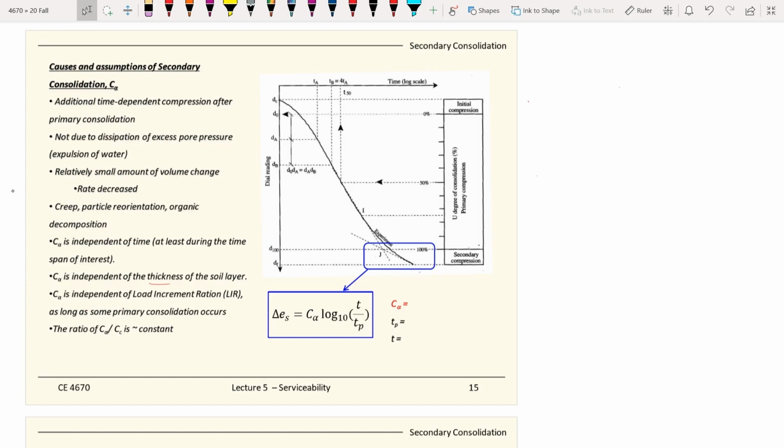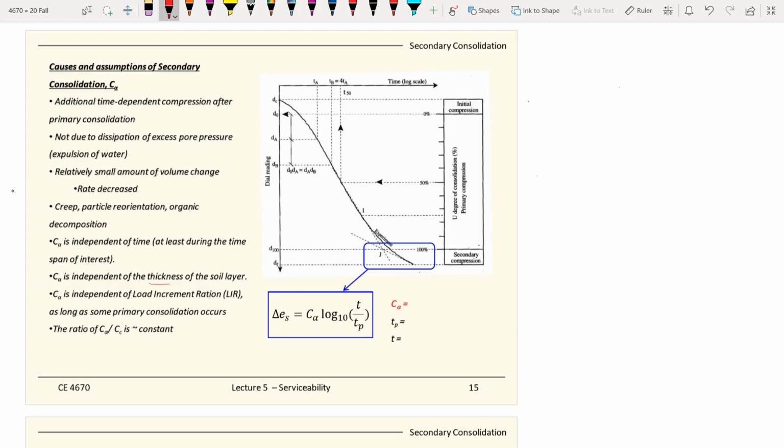Remember, in the lab, we have different loading, and at each different stress level, we get a settlement curve. And this settlement curve tells us a lot about the soil deformations. Throughout this lecture, we keep talking about this when we talk about the total settlements. So the consolidation test settlement curve gives you the total settlements.